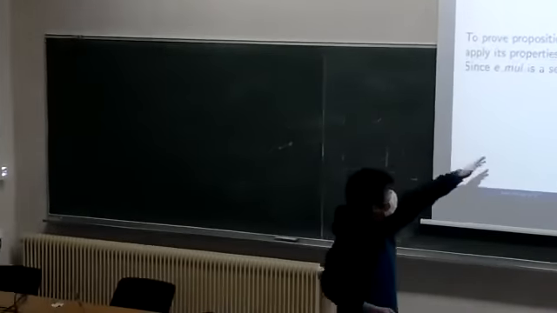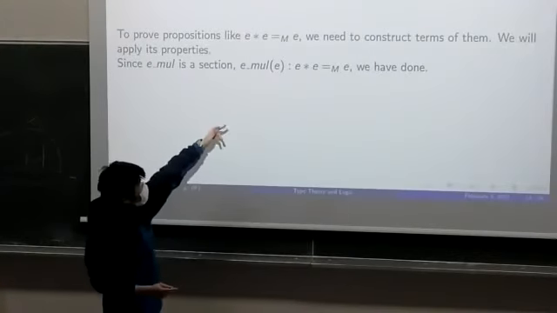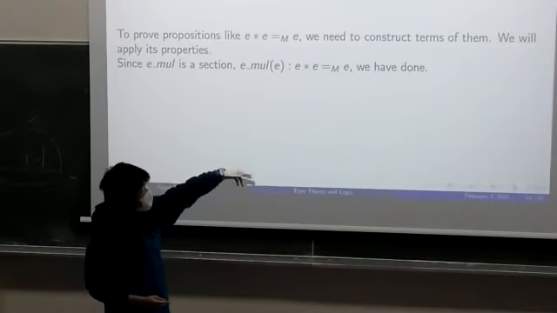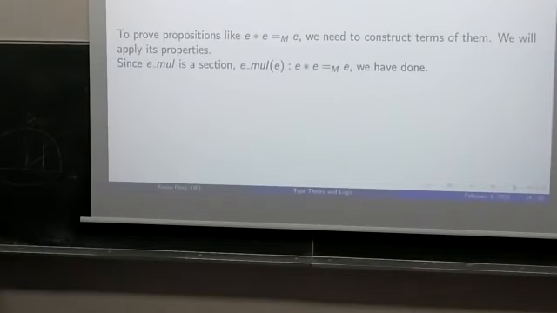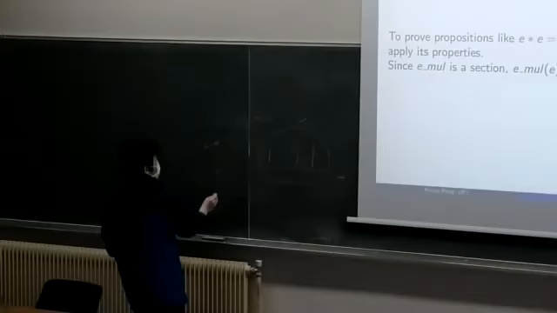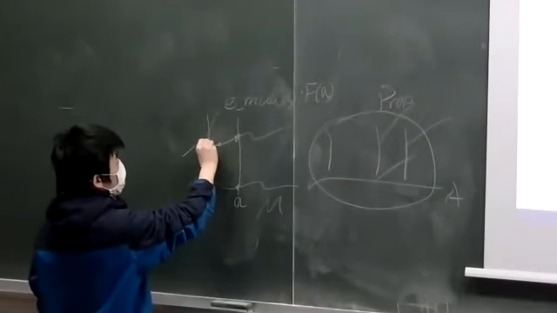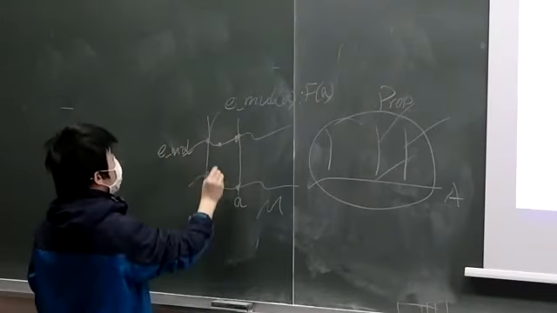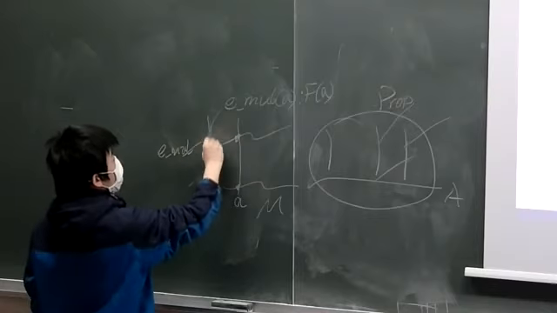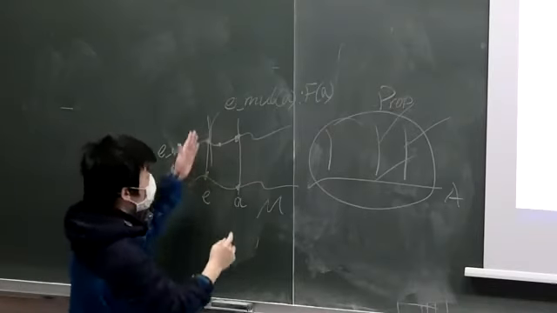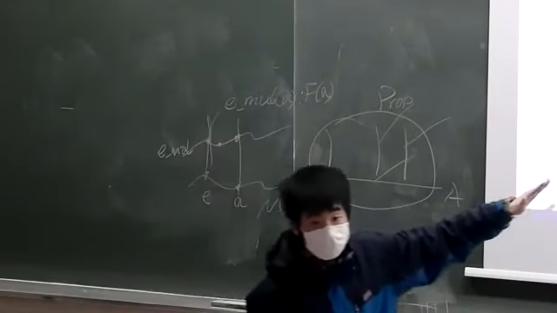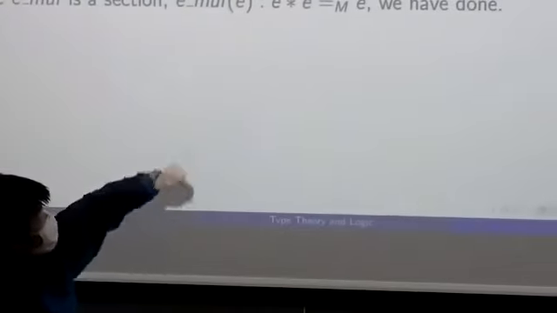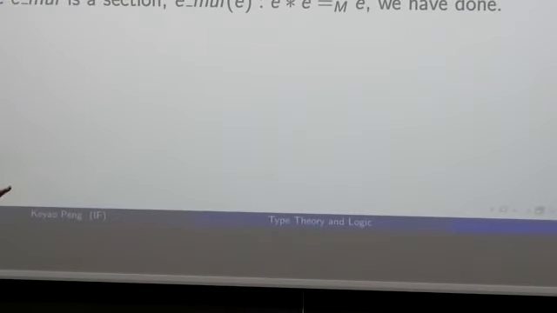We just apply the E mod to E. If I apply this to E, since E mod is a section, we'll find a point on the terms of this fiber. So we are done. We proved the theorem.